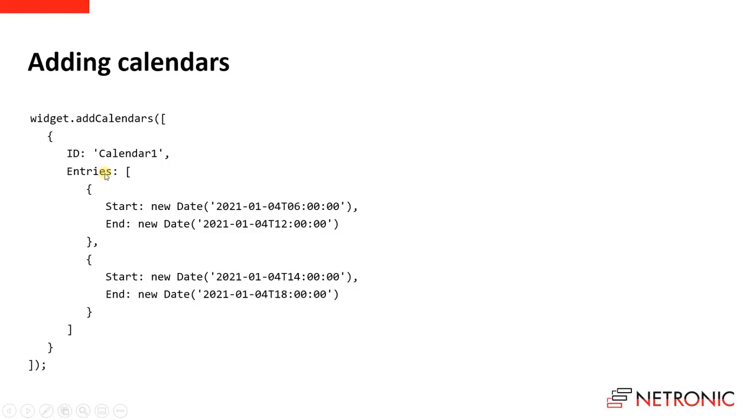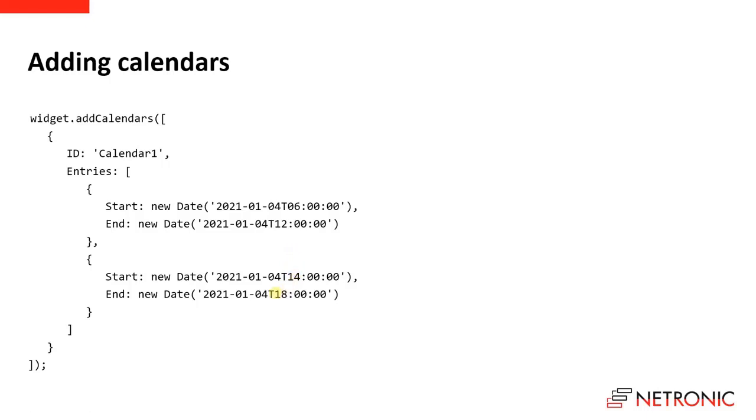Each entry is defined by a start and an end date. In this case, we have two entries defined. The first is on the 4th January 2021 from 6 to 12 o'clock, and the second entry is on the same day from 2 to 6 p.m.